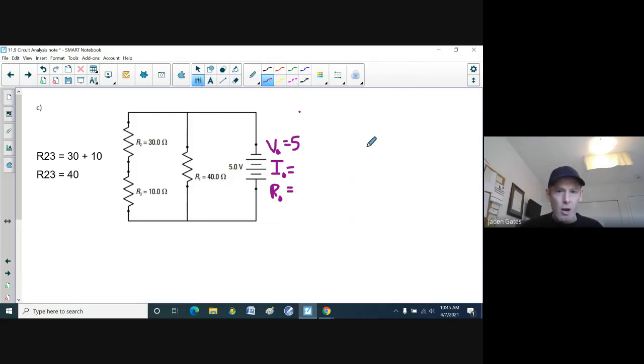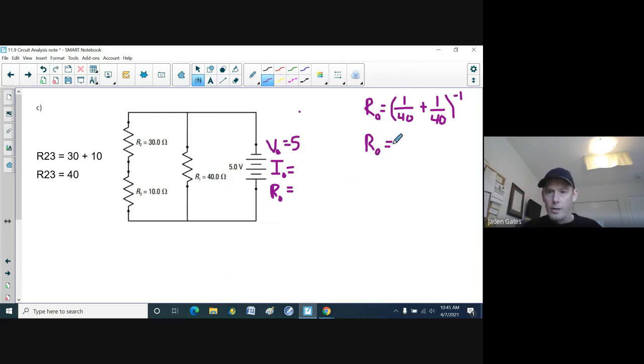All right, now what I want to do is find RO. To find RO, I guess we'll do that over here. I'm going to take my R23. Now R23 and R1 are in parallel, so I have to use my 1 over formula. So I got 1 over 40, that's my R23, plus 1 over R1, which is 40, to the power of -1. So what do we get here?